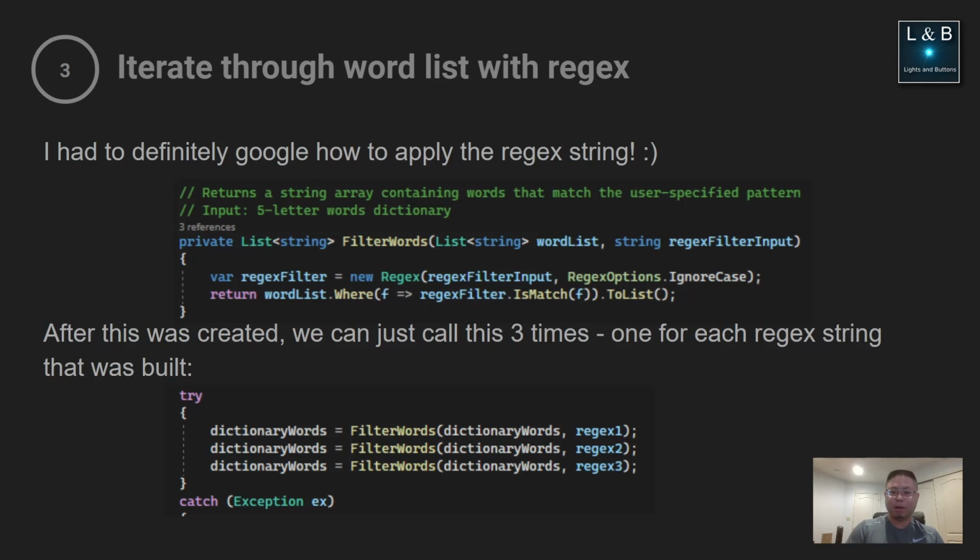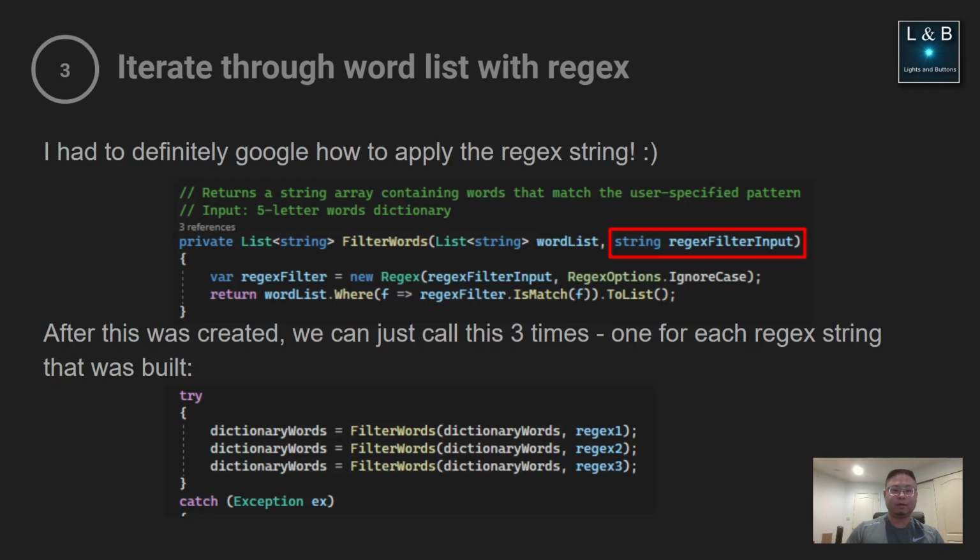And next we'll build out a method called filter words, and this will take in a couple of parameters over here. As you can see, the first one it takes is word list. So you'll be inputting the dictionary files first into here, and then on the subsequent tries, it will take that and narrow it down over and over again until we find a word. The second parameter it takes is the regex filter, so the regex string, and that would be used to filter out your results.